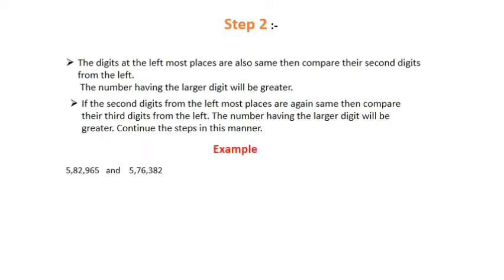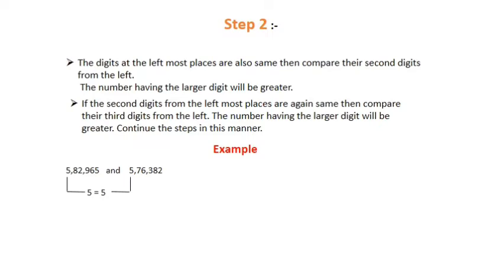Now let us see an example. Here we have taken 2 numbers. Both the numbers have an equal number of digits. Now if you see here, this is 5 lakh. The second number is also 5 lakh. Okay, both are same. Come to the second digit from the leftmost place.